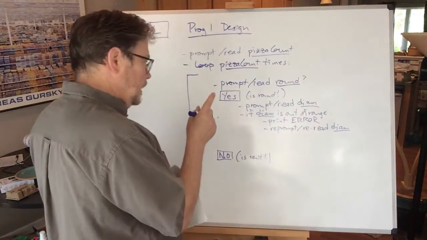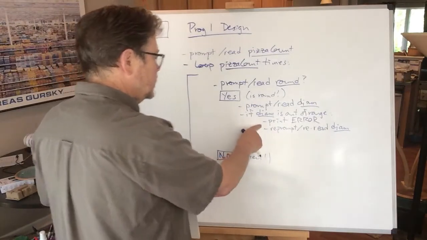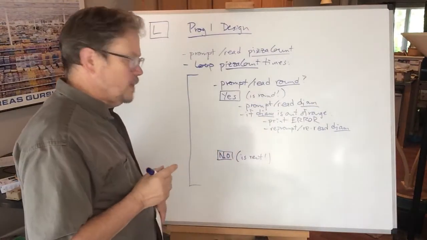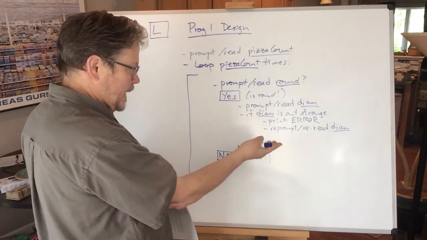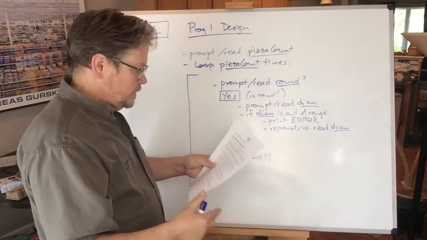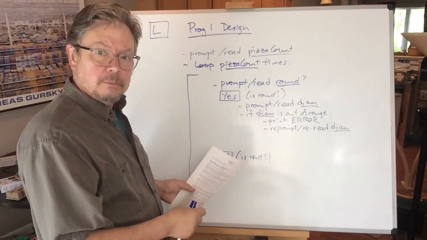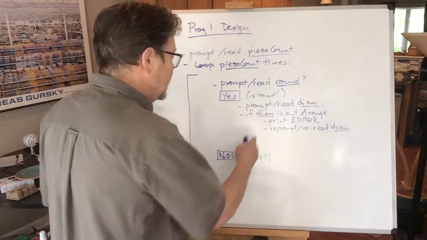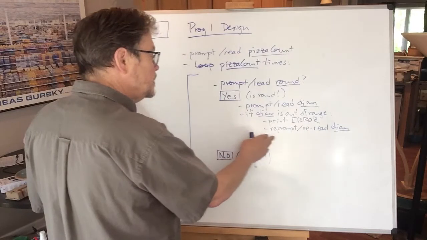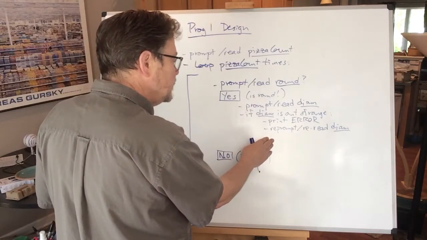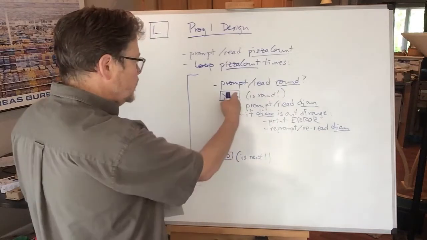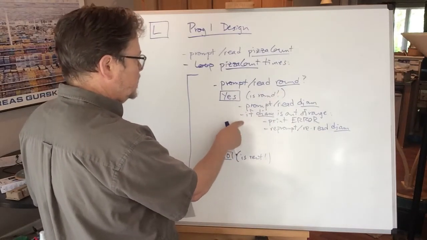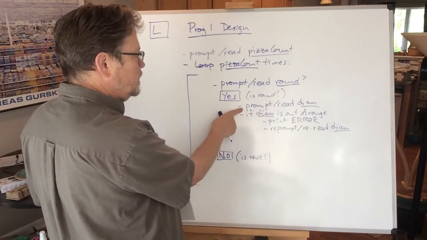Now, if diameter is out of range, so I indented the stuff I need to do if the diameter is out of range, and I said, no, bad, try it again, and they type in something I can use, maybe 10. That's a nice round number for a pizza diameter. So they do that, now I'll unindent, because I want to calculate the price of this pizza regardless of whether or not the diameter was out of range. All this stuff is stuff I'm doing for a round pizza. First thing I need to do for a round pizza is read the diameter.